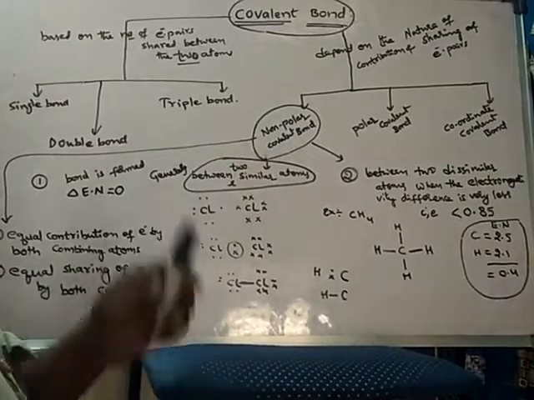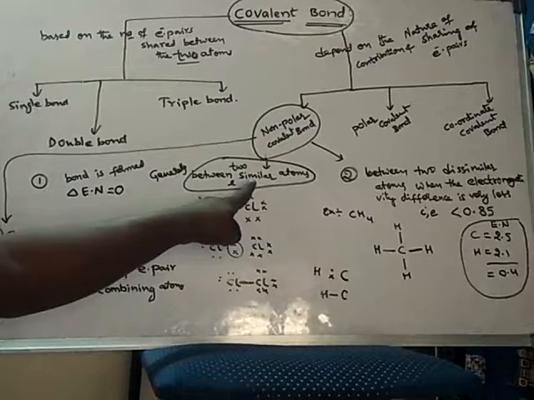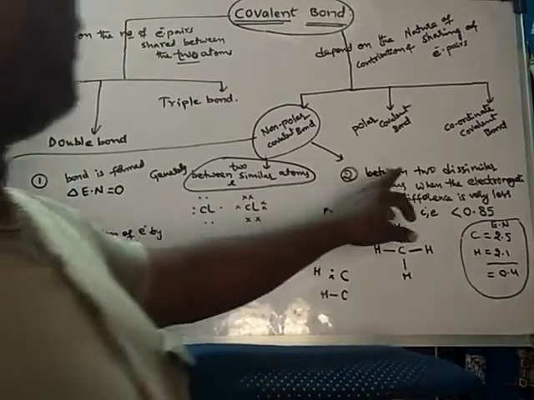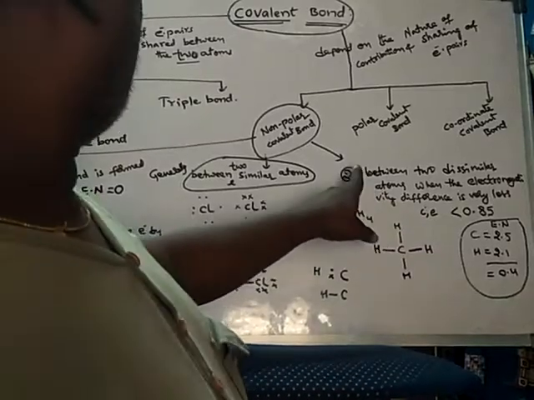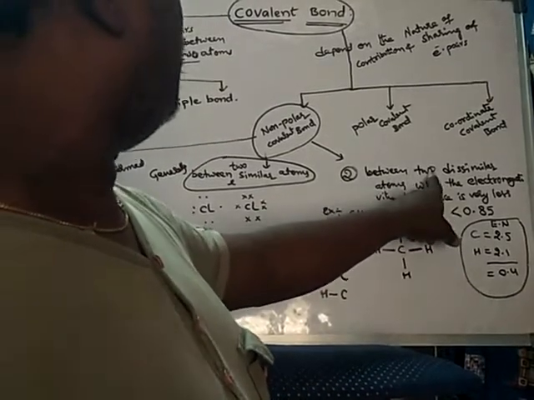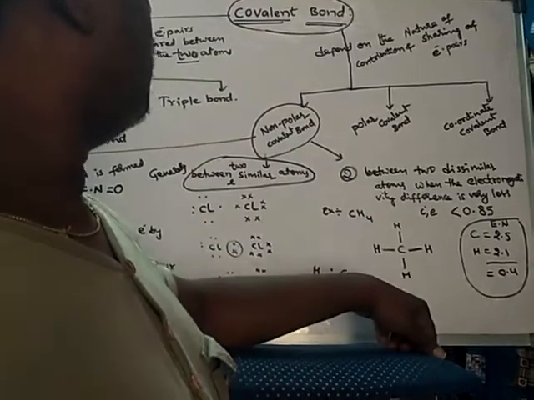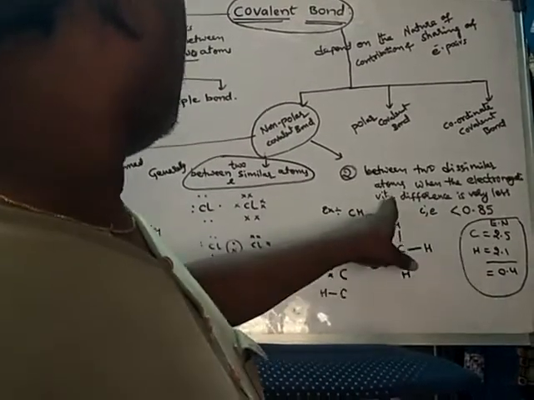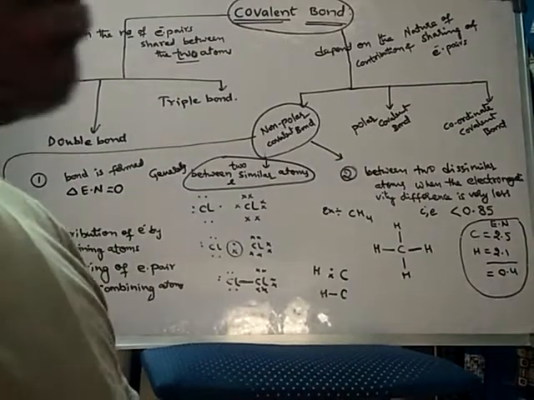So a non-polar covalent bond may be formed between two similar atoms, or else between two dissimilar atoms. When it is formed between two dissimilar atoms, this is the condition: the electronegativity difference should be very small between the combining atoms.